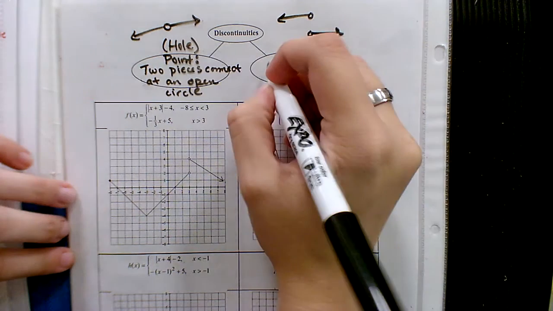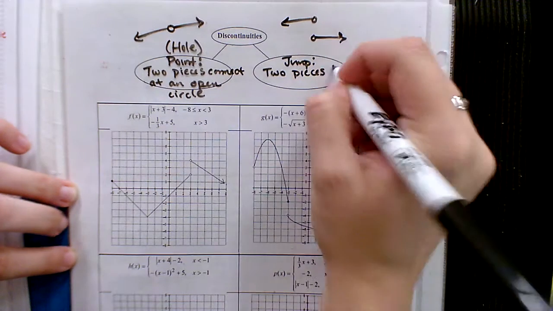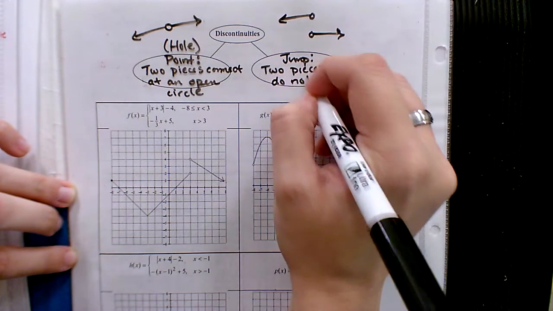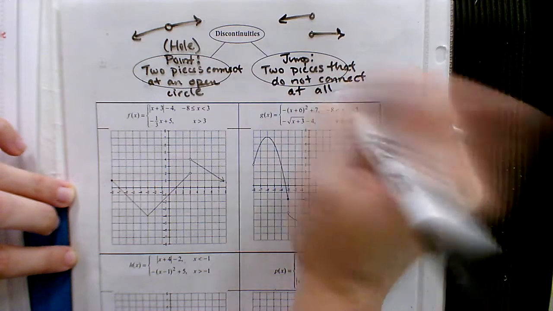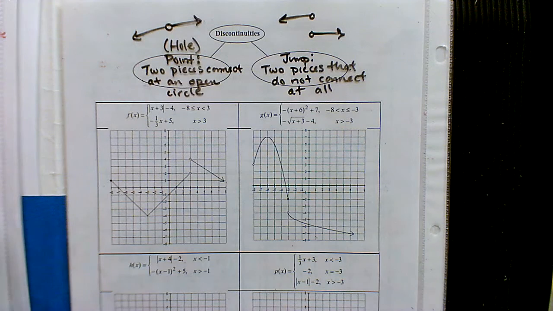So a jump discontinuity has two pieces that do not connect at all. Again, you can have two open circles, maybe one's open, one's closed. You'll never have both closed though.